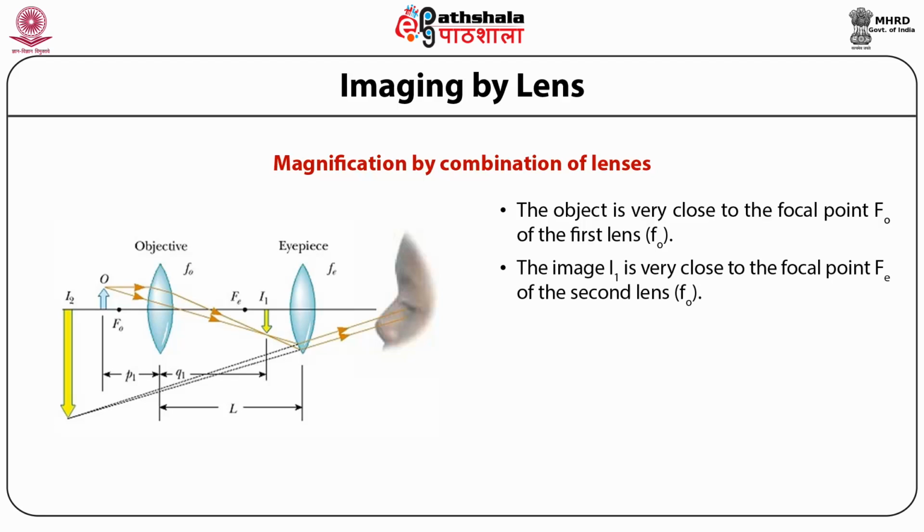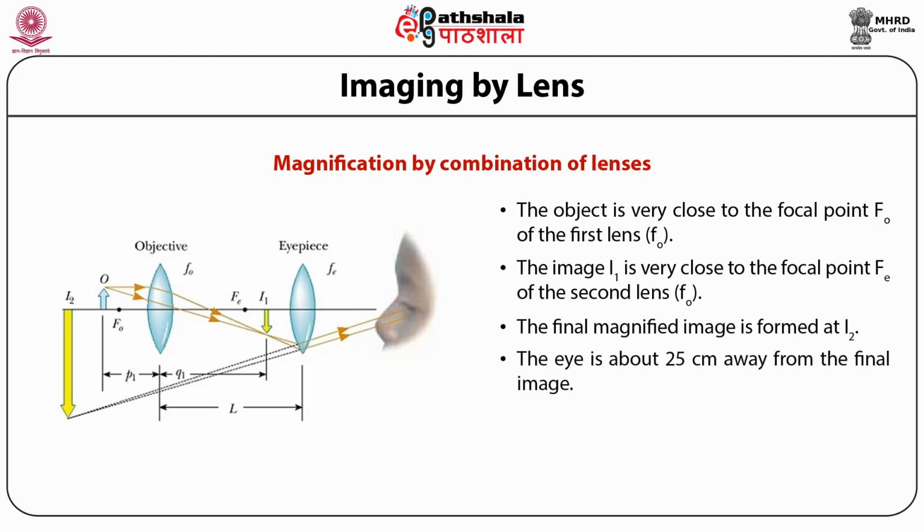Using ray optics or geometrical optics, we find that the image created by this combination of lenses is at a point I2, and the final magnification visualized by your eye is given by the separation between the two lenses, L, divided by the focal length of the objective lens f0, times the final distance of the image from your eye, about 25 centimeter, divided by the focal length of the lens close to your eye, fe.